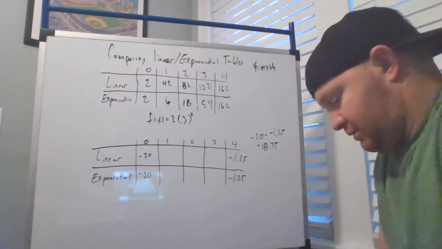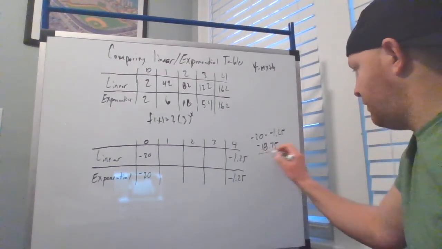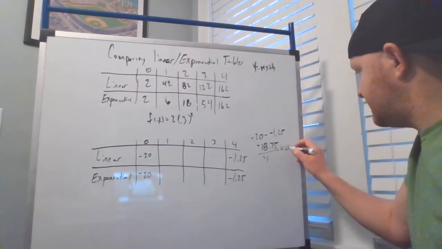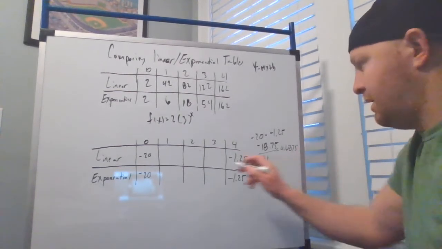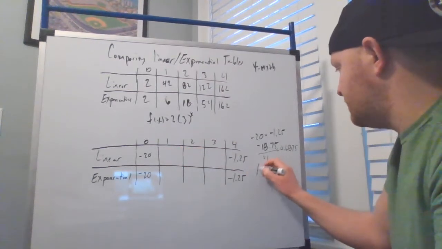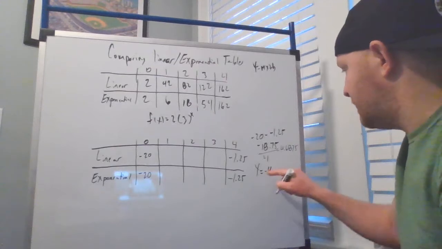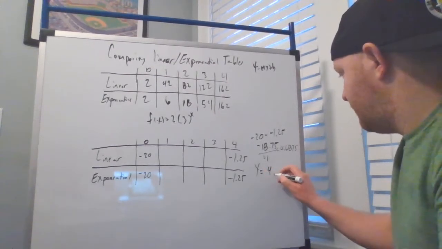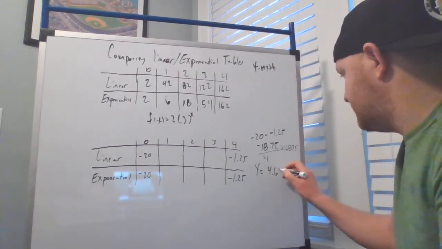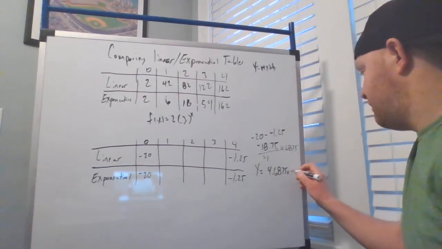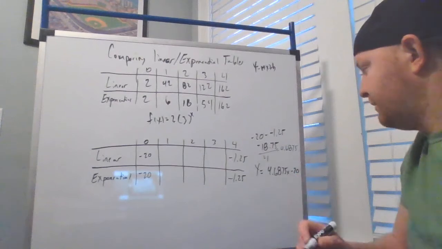I divide this by 4, and I get an answer of 4.6875. And I know my initial starting point, so my equation for this first linear one is y equals 4.6875x minus 20. Okay?